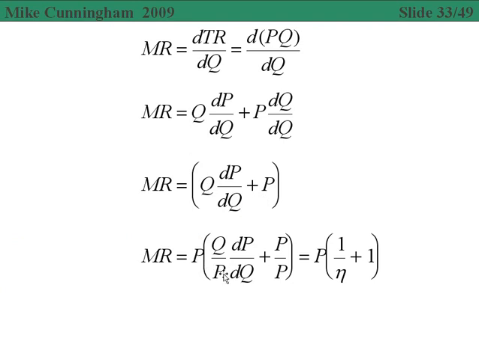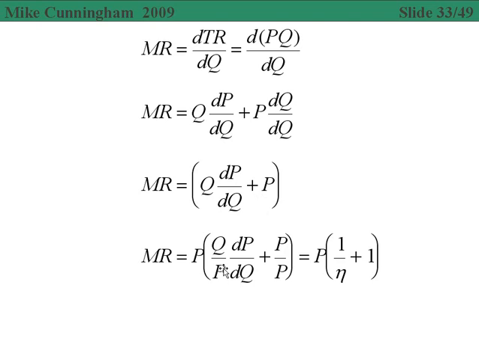So we take P out and we divide by P. In other words, the P's would cancel, just leaving us this. But if we take P out, we divide by P. And of course, over here we'd have to divide by P as well. So P over P. All we've done is we've taken P outside of the bracket. So we have to divide what's inside the bracket by P, so as to leave everything unchanged.